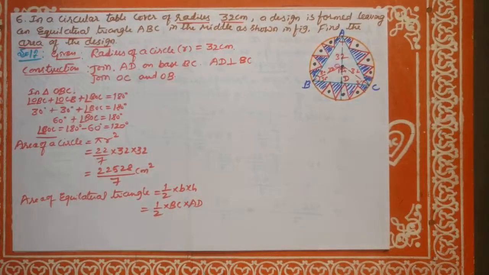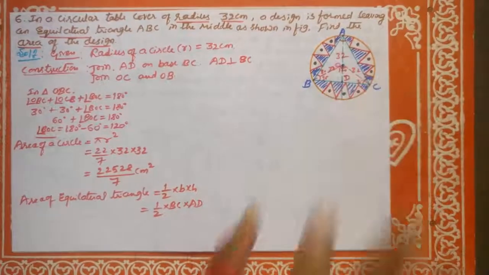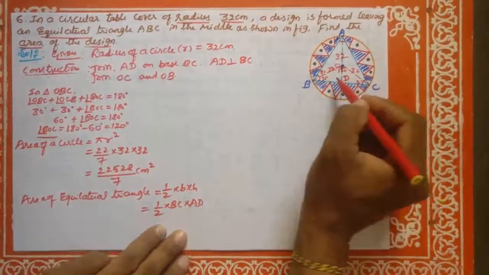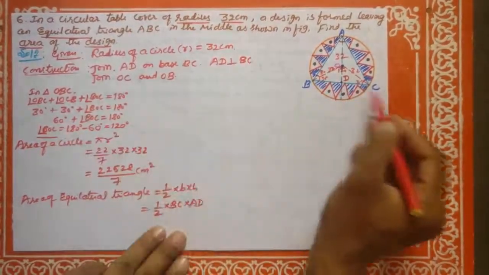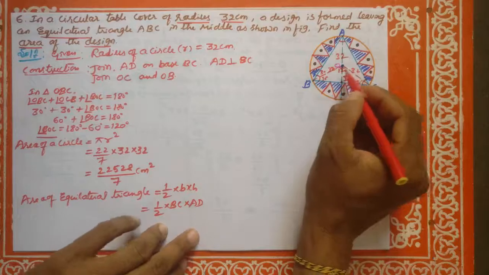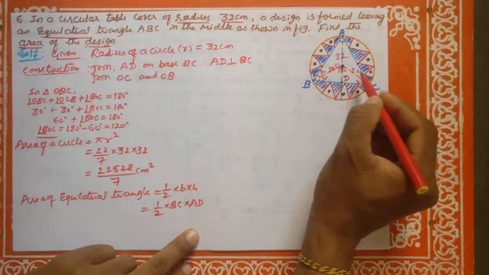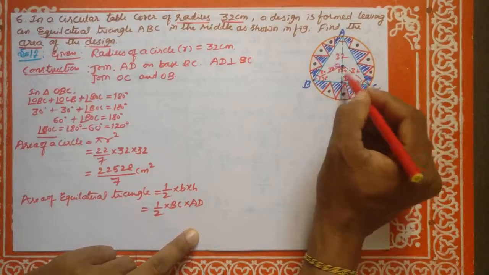We need to prove that. Okay, before that we need to know base BC and AD. See, here I have taken triangle OBC, already we have done here angle BOC is equal to 120 degree. Therefore, here if it is 120 degree, therefore angle BOD and angle CDO.